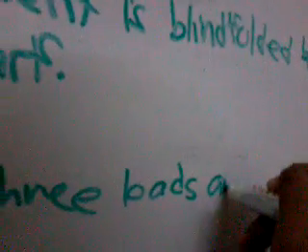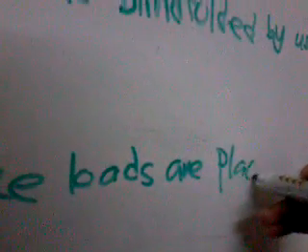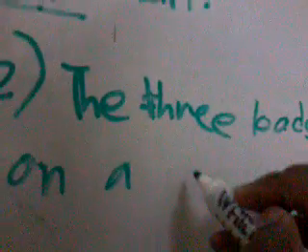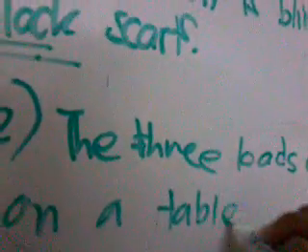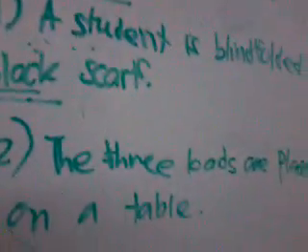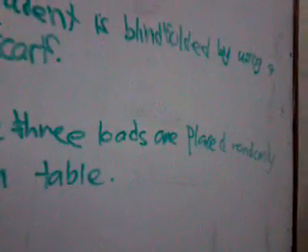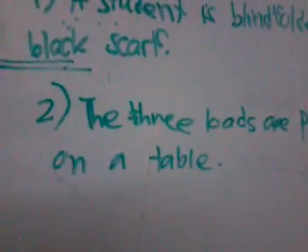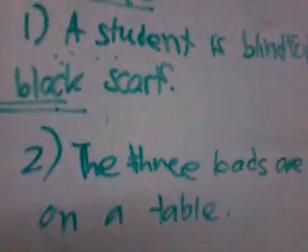The 3 loads are placed randomly on a table. Okay, so the 3 loads are placed randomly on a table. So you need to know. Okay, so they took it from the caution.